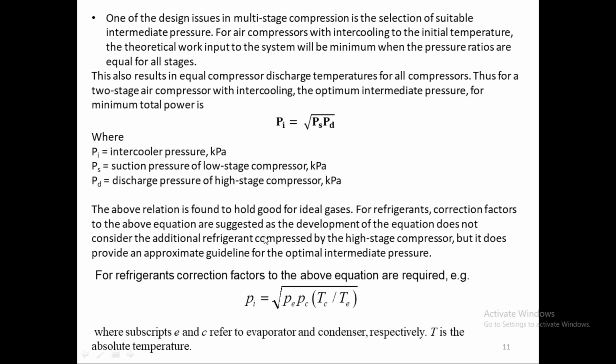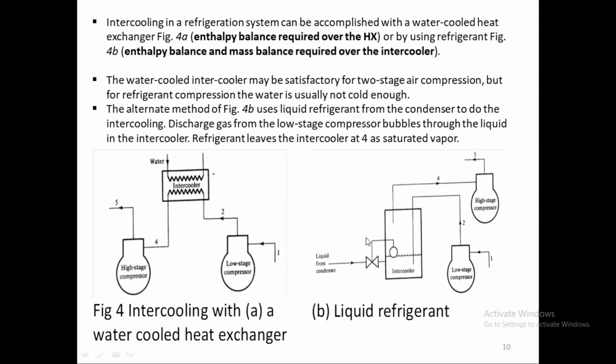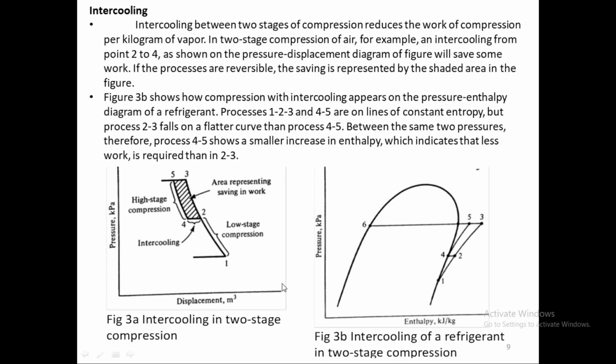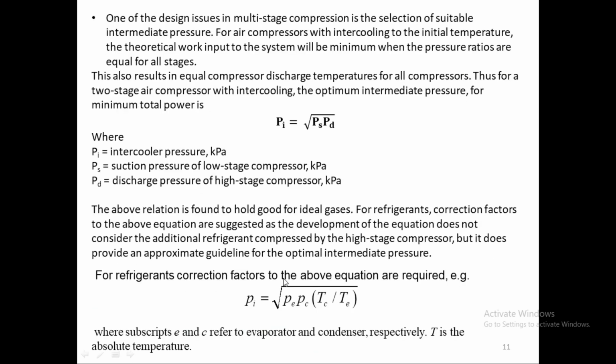For refrigerant correction, of course, we develop this equation, we develop all this work considering air, and we treat air as an ideal gas. But here we are dealing with refrigerant, so we have to apply a correction for it. For refrigerant, correction factors to the above equations are suggested, as the development of the equation does not consider the additional refrigerant compressed by the high stage compressor.